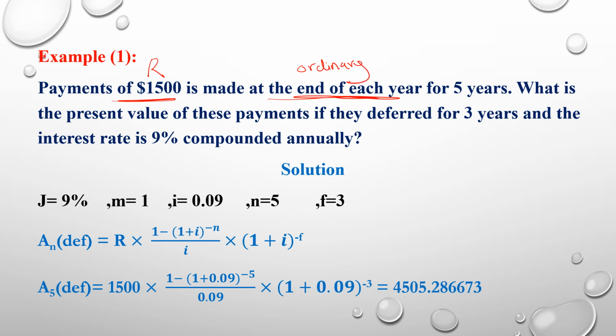And this annuity is made for 5 years. What is the present value of these payments if they are deferred for 3 years? So this is the deferment period. And the 5 years are the payment periods.